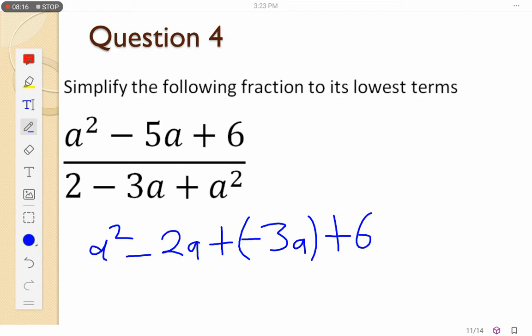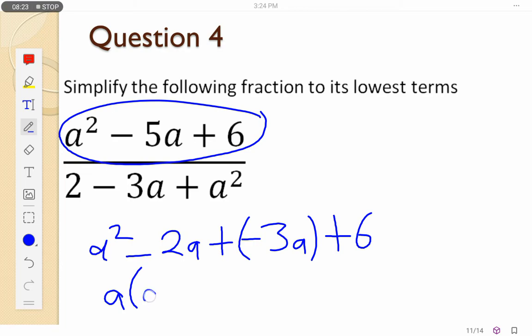This I can factorize. So I'm solving for this one. I can factorize and get a minus 2, looking at this one, a minus 2, plus, okay, it's minus now.